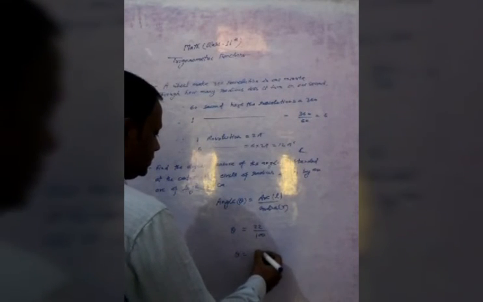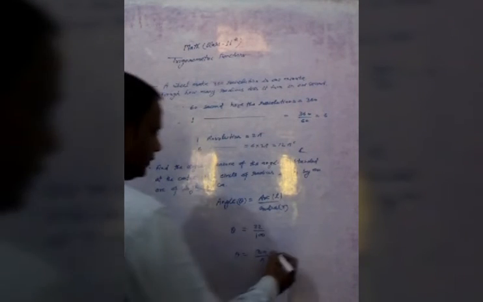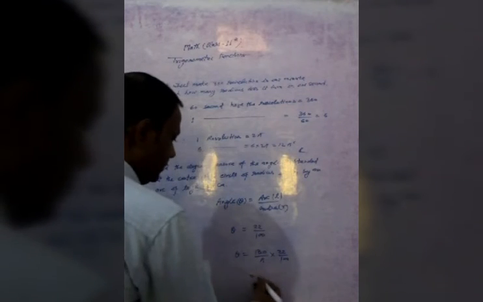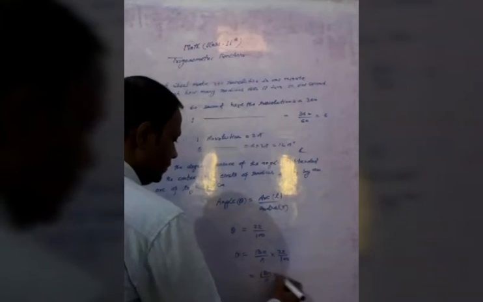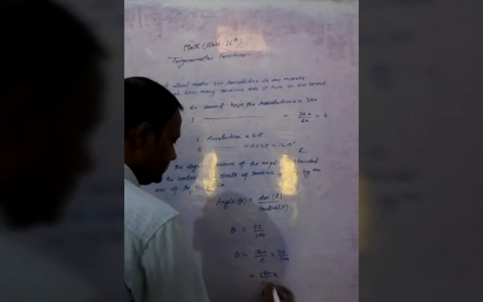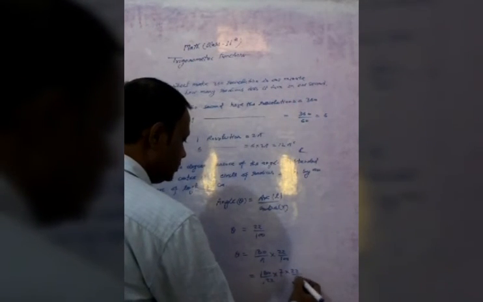theta is equal to 180 upon pi into 22 by 100. We have to solve it. 180 upon pi, where pi is 22 by 7, and multiply by 22 by 100.